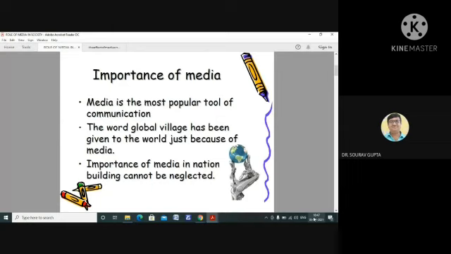So we have to give a little bit of credit to the media here also. I would say this is nation building. There could have been so many more casualties, but due to the media's positive and active intervention, at least 50% of our population have realized the importance of wearing masks and hand washing.